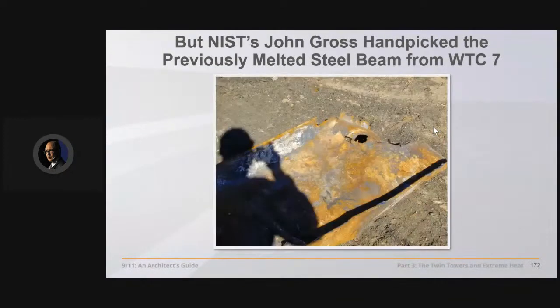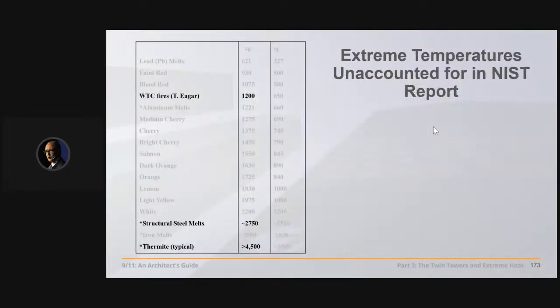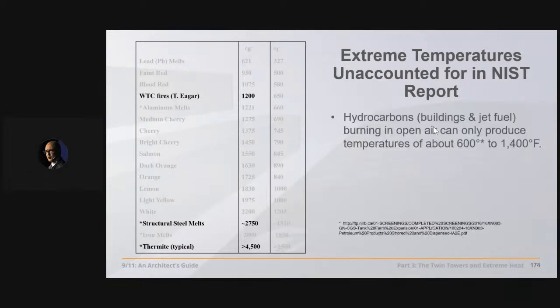His shadow is all over the evidence. So the official story says maybe 1,200 degrees, according to Thomas Eagar. NIST claims up to 1,800 degrees for the temperatures of these fires. But guess what? Hydrocarbons, meaning desks, and chairs, and paper, and jet fuel.